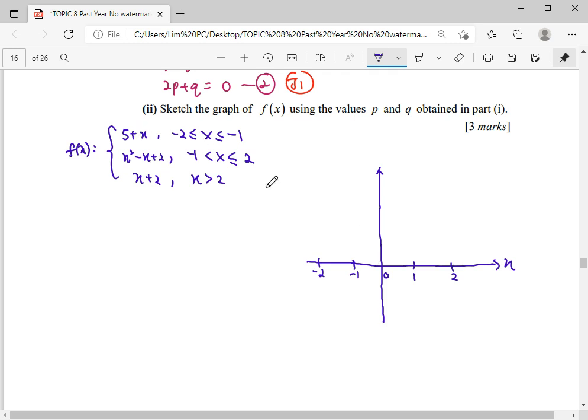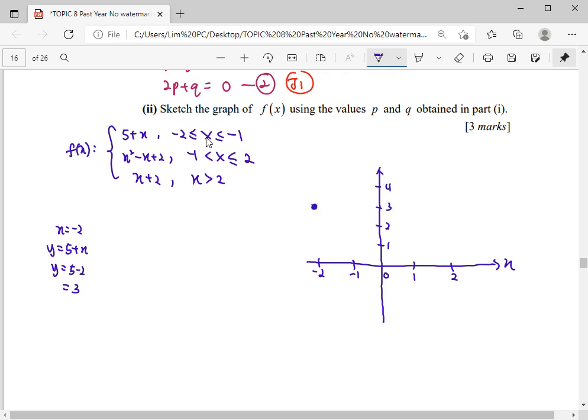So for each graph, we have our starting point and ending point. For x equals -2, we want to draw this linear graph. We find out when x equals -2, our function y equals 5 plus x, which is 5 minus 2, so 3. So our point is included.